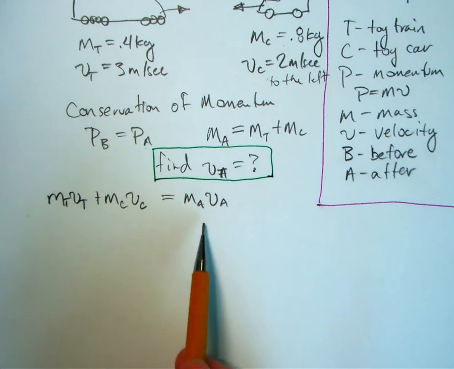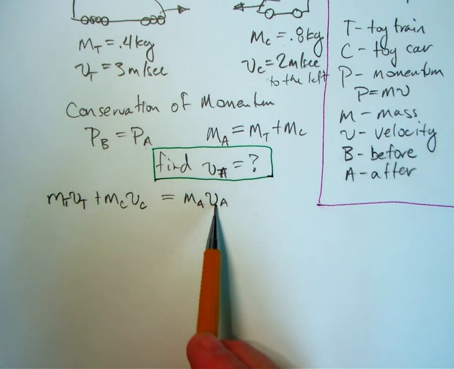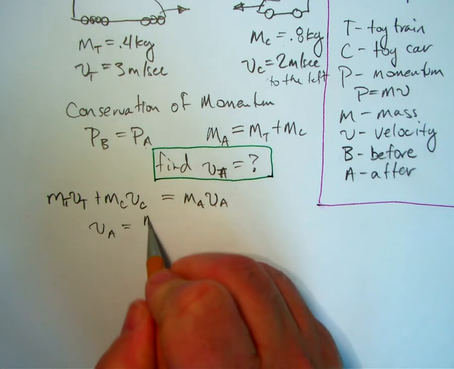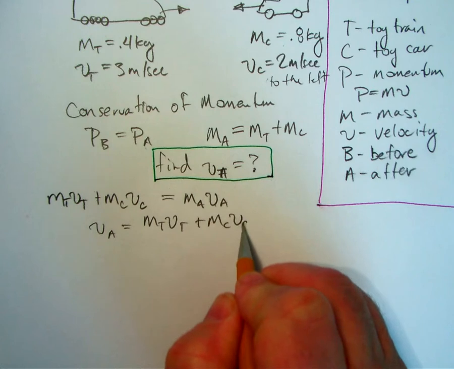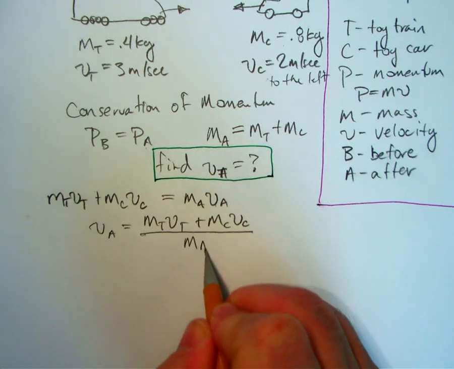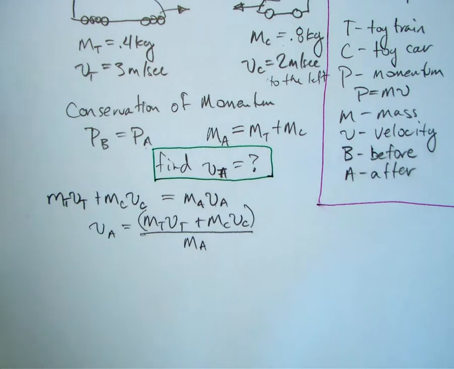Do we know any of these terms? Yes, we know all of them except for that one. So all we're going to do is rearrange the equation. Velocity after is going to equal the mass of the train times velocity of the train, plus the mass of the car times velocity of the car, all divided by the mass after. You can put parentheses around that to be clear and make sure you do that addition first.